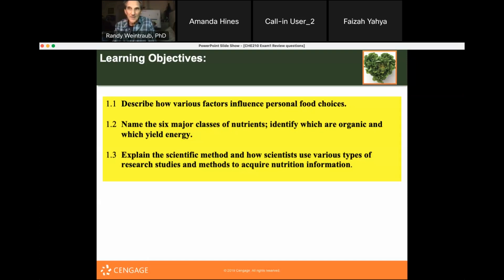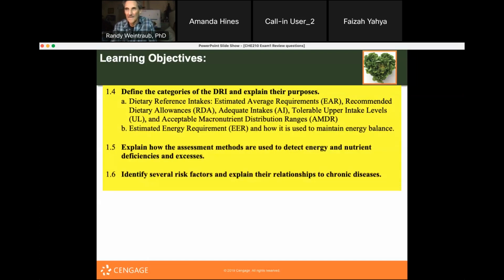Explain the scientific method: how scientists use various types of research and methods to acquire nutritional information. The scientific method, I'm sure everybody is familiar with that, and it was in that first chapter. Like with any kind of discipline, there are acronyms, and nutrition has them.